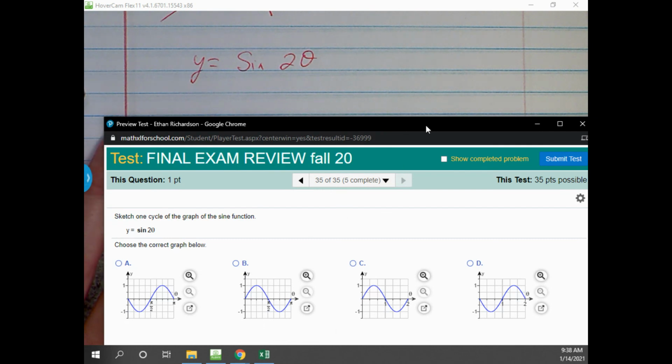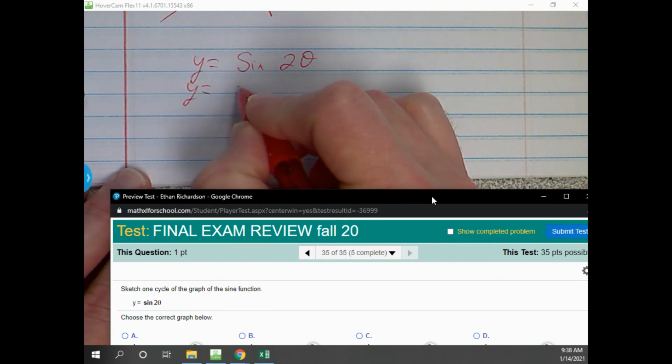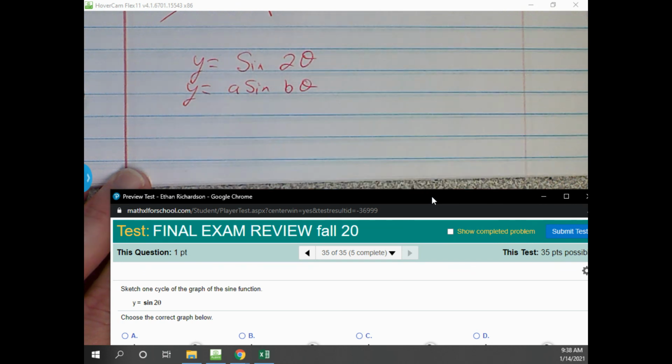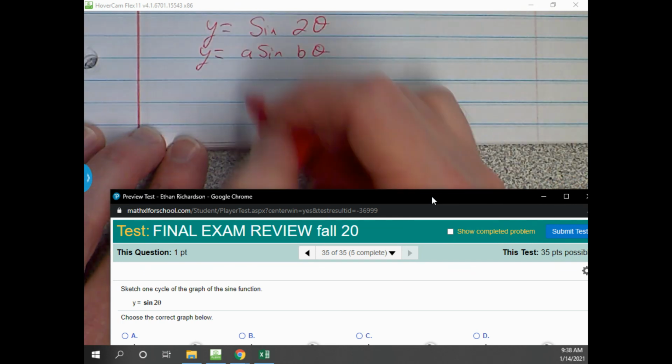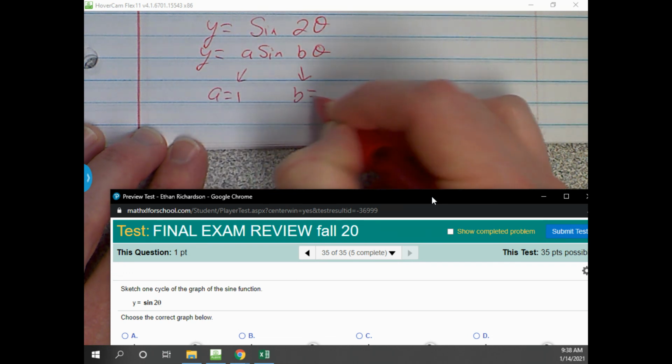But we can get the main things we need off this part of it. This is where we go back and get out our numbers. Y is equal to A times sine of B theta. Our A is 1 and our B is 2.